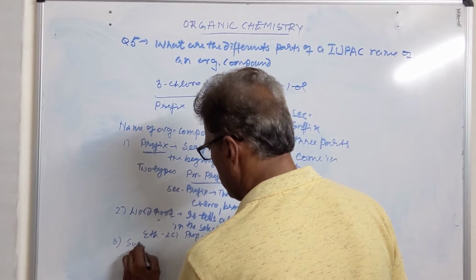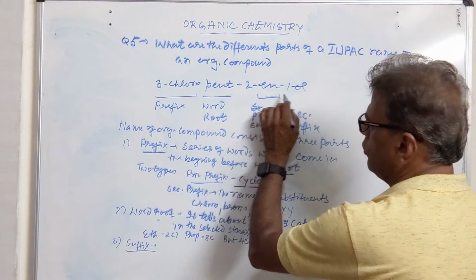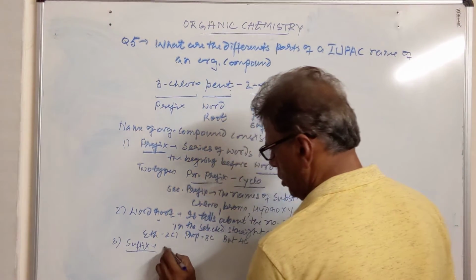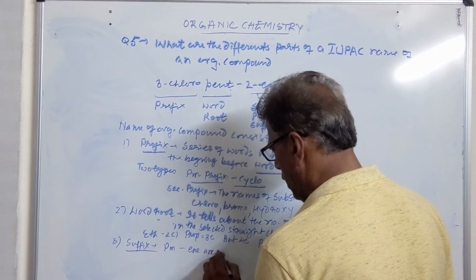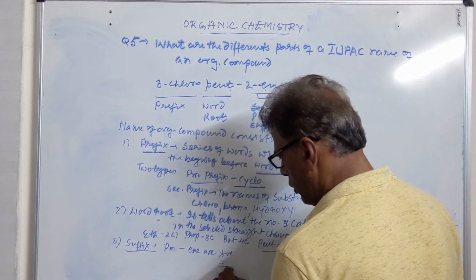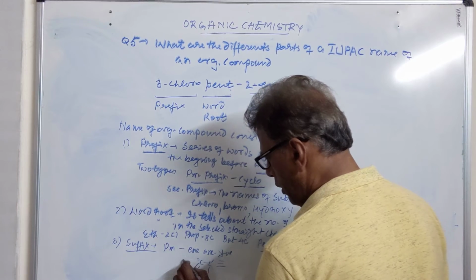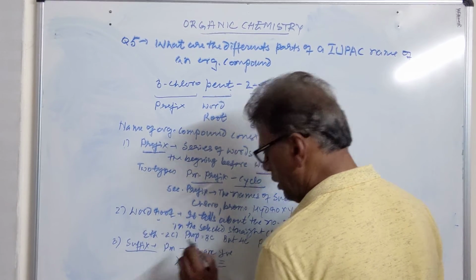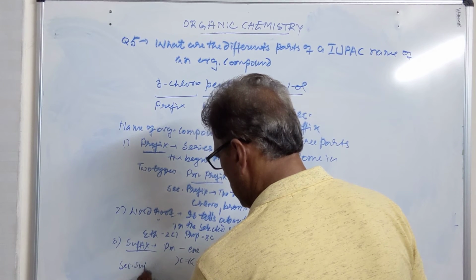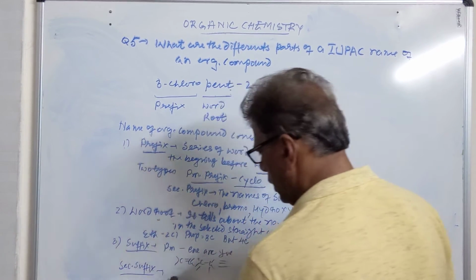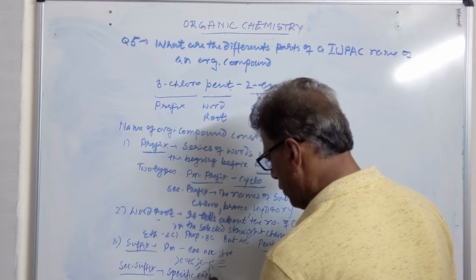Then we have suffix. The series of words which are used after word root. Here are of two types. Primary, it is yne for triple bond, ane for single bond between carbon and carbon, ene is for double bond between carbon and carbon. Then we have secondary suffix. These are the specific endings of functional groups.